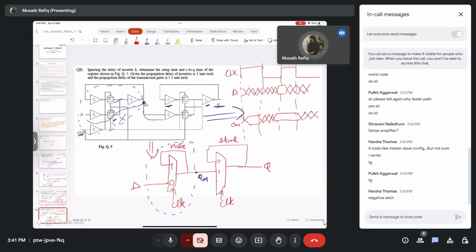You can refer to the book for a better drawing. I'm not very good at this. So just to give an idea of whatever we have discussed so far, this is your timing diagram.